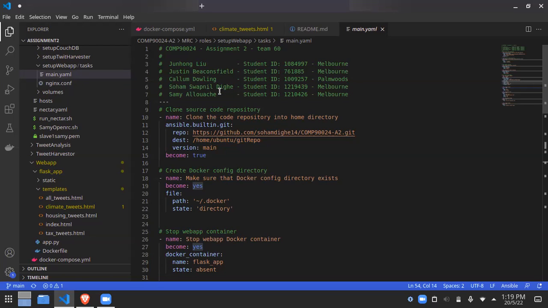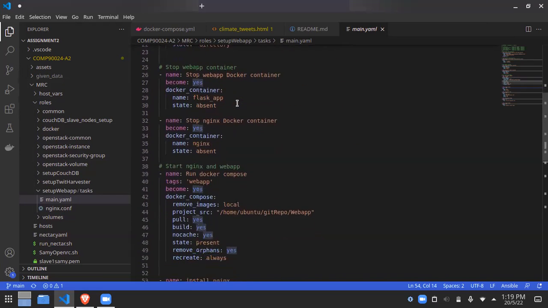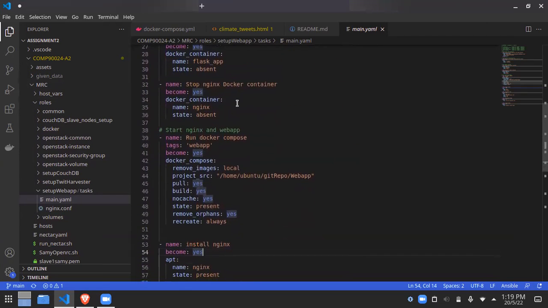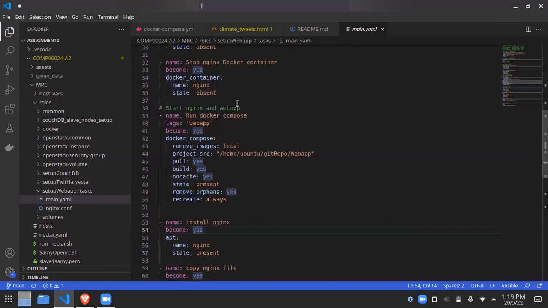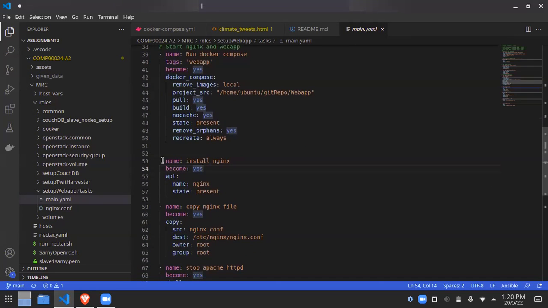Let's continue from last time where Sammy went through all the MRC roles, but we have just one tiny change from the last video, and that is instead of Apache, we are using Nginx now. So this is what it's doing.